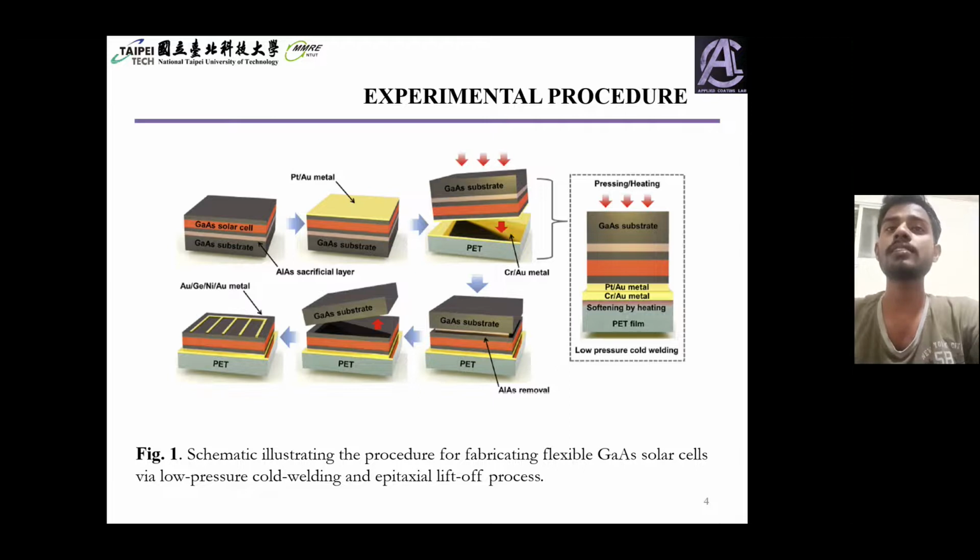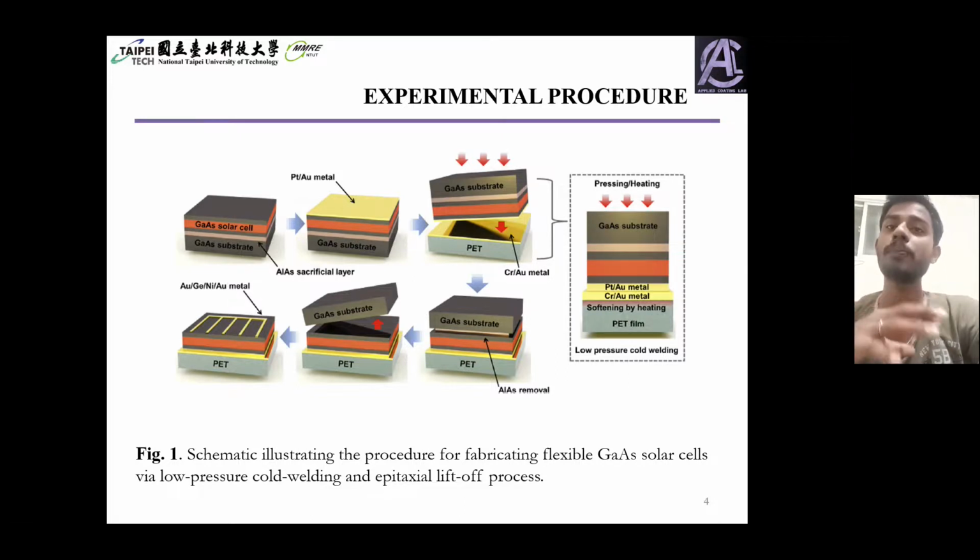So here the carrier substrate used in this study was polyethylene terephthalate. The short form is PET film, a thermoplastic material, coated with gold, and it can be bonded to metallic layers by using cold welding at low pressure.